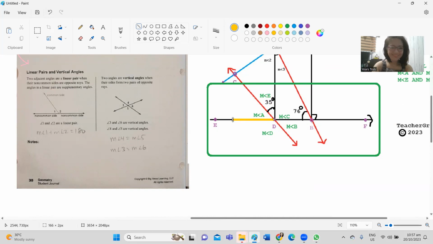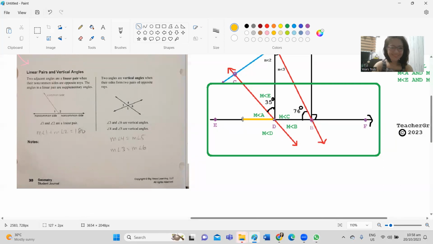So they are not opposite. They are perpendicular. Opposite, it should be here. The only opposite for angle E and angle D is this line. These red rays are opposite, but the black rays are not. They are perpendicular. So that means they are not vertical angles.